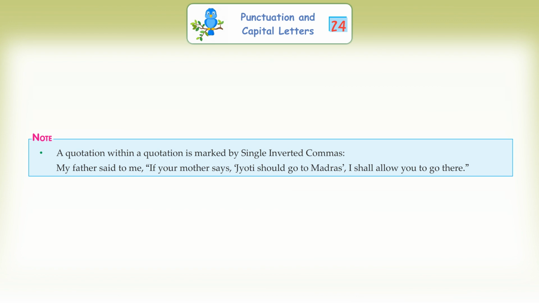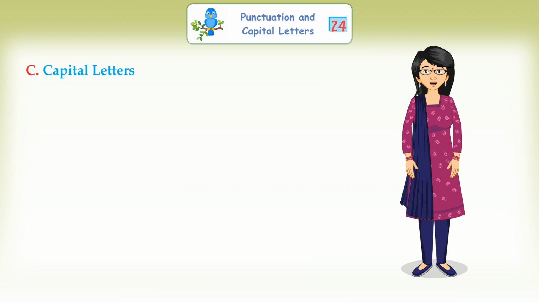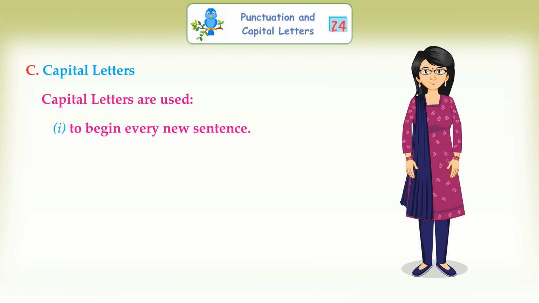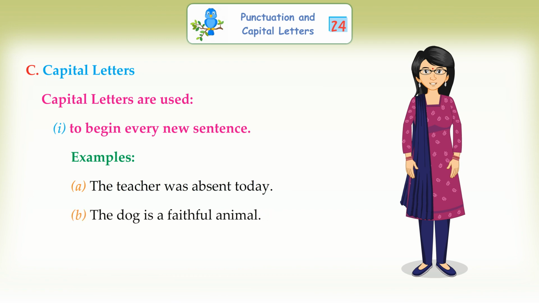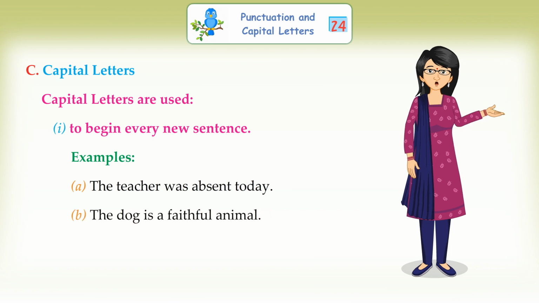Note: a quotation within a quotation is marked by single inverted commas. My father said to me, "If your mother says 'Jyoti should go to Madras,' I shall allow you to go there." Capital letters. Capital letters are used to begin every new sentence. Examples: The teacher was absent yesterday. The dog is a faithful animal.